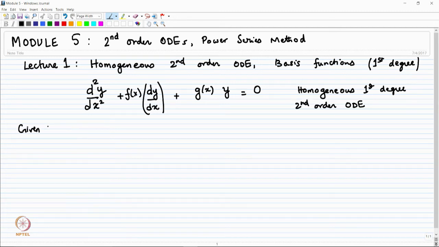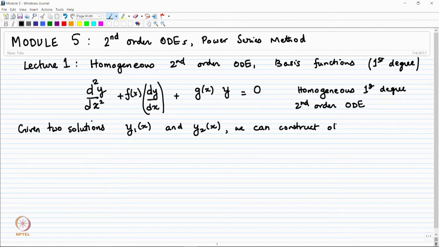Given two solutions y1 of x and y2 of x, we can construct other solutions by linear combinations. I will just call it y h, where h stands for homogeneous.